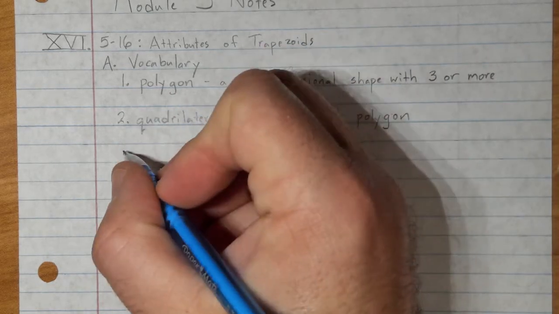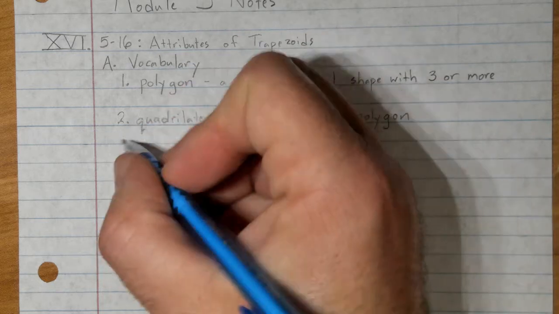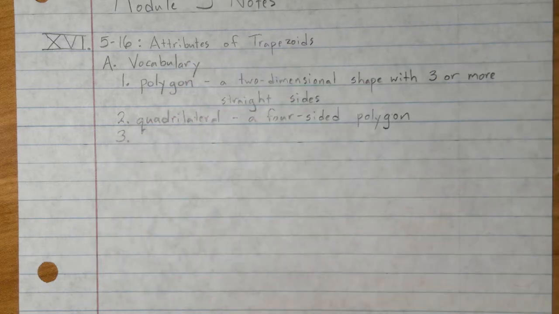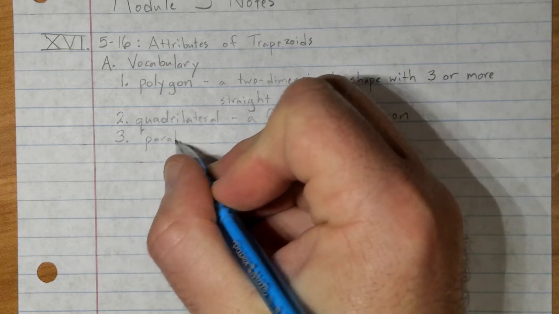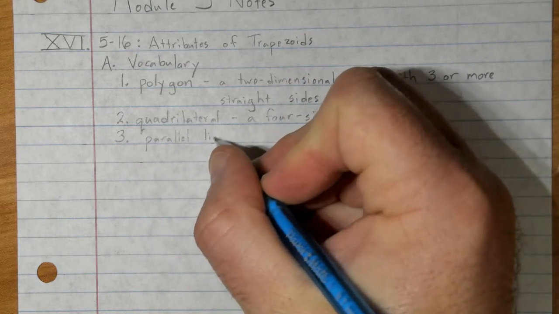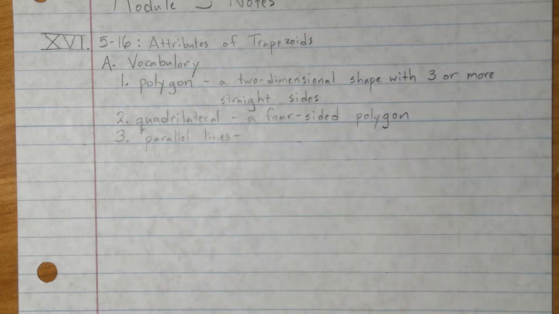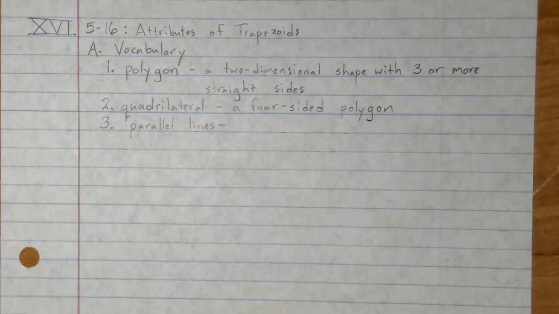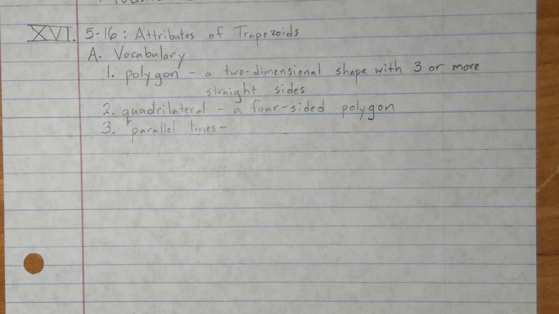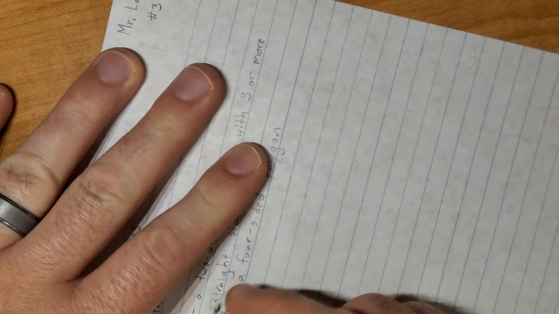Okay. When we're dealing with trapezoids, and really with most quadrilaterals, we have to be aware of parallel lines. Parallel lines, that should be an N. I'm not sure it's really showing up on the screen very well. Parallel lines, or line segments. In fact, sorry, ladies and gentlemen, the second time I'm doing this, but I'm kind of updating the notes as we go.